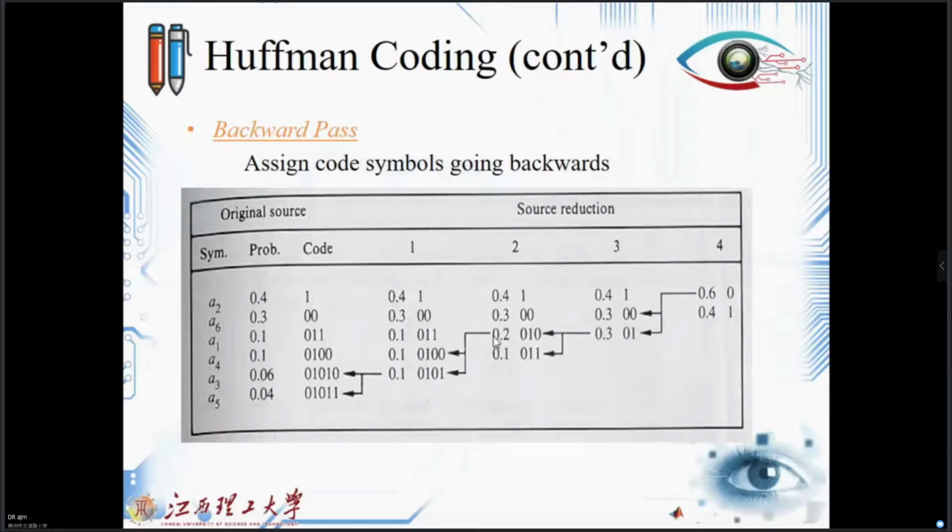Then we will come back. When you come back, again the higher one is 0.4, which will keep the value of 1. That 0.3 will become 0 and 0. But from the last step, again that 0 will come into the picture and we will put it there.